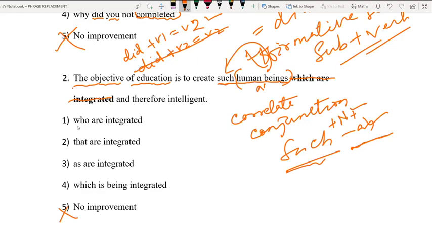And as you can see, option number 1 also starts with a relative pronoun, which is absolutely ungrammatical. So now let us eliminate this as well. Similarly, option number 2 is also going to be eliminated because we have again "that" used as a relative pronoun, and we do not need any relative pronoun to correct this sentence.